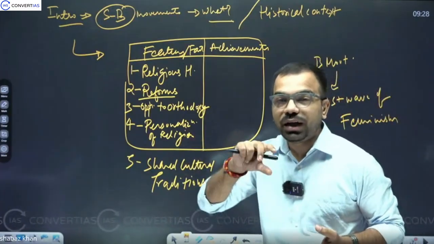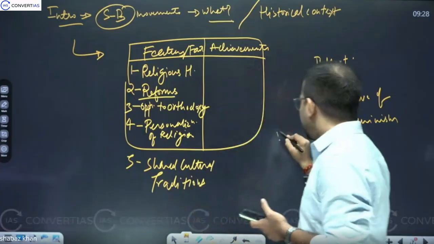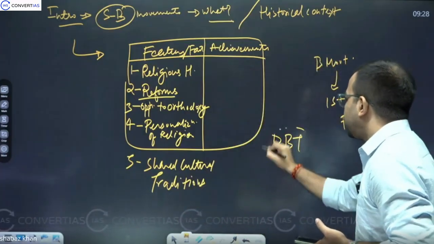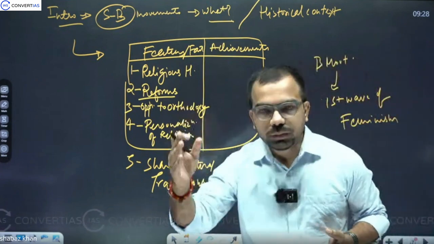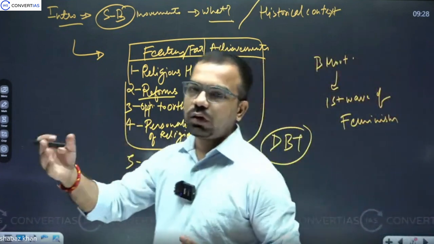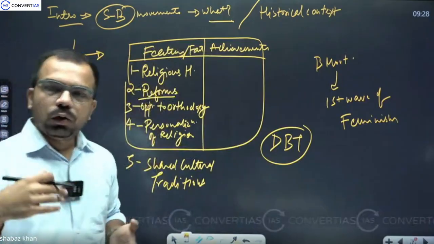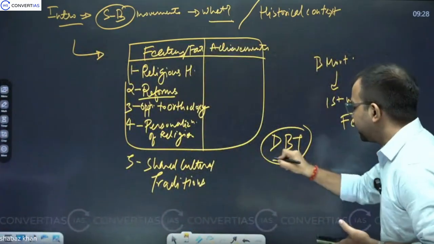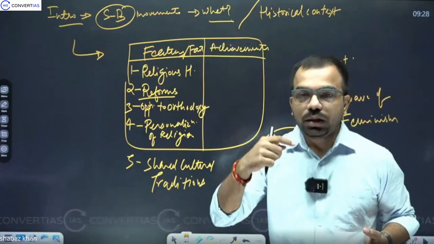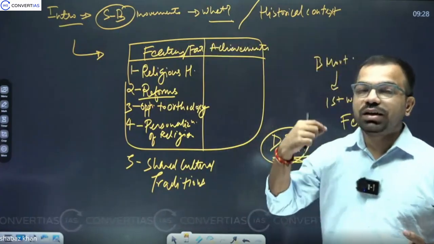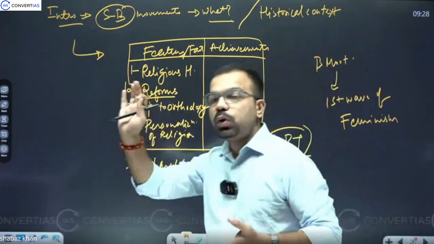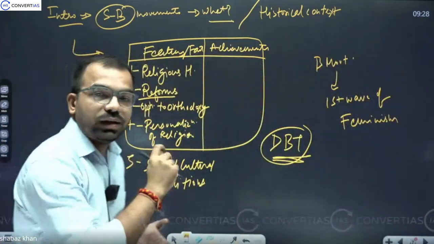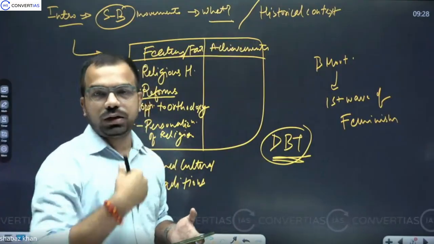This prevented the intermediary. It was the DBT of its time, the direct benefit transfer, where the intermediary, either the priest or the Maulvi or the father, whosoever it was, was removed. People's devotion, love and dedication towards their deity, towards their God, was a direct, personal relation.